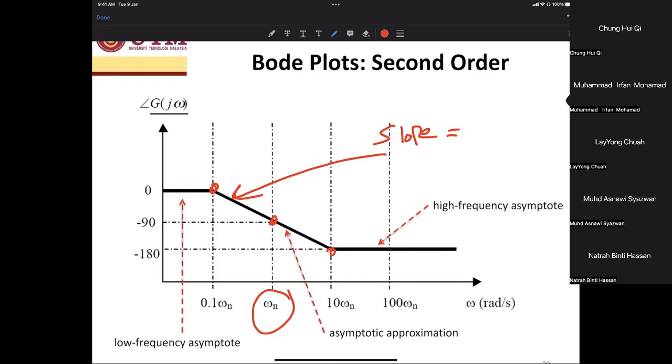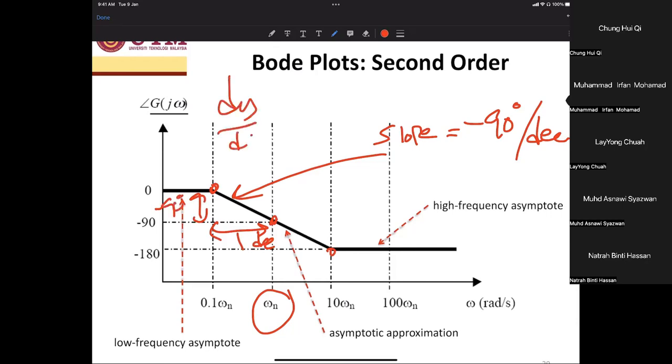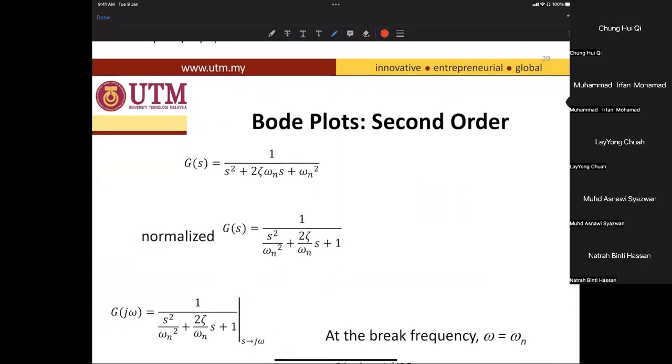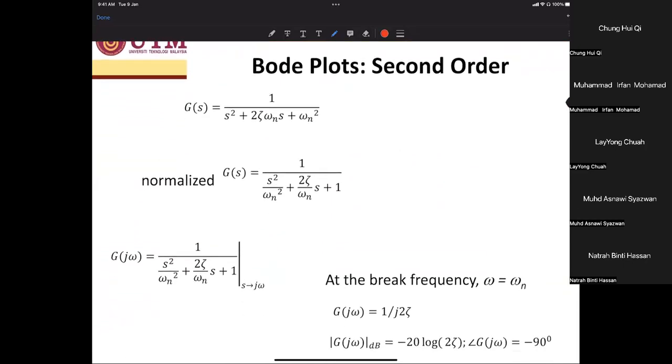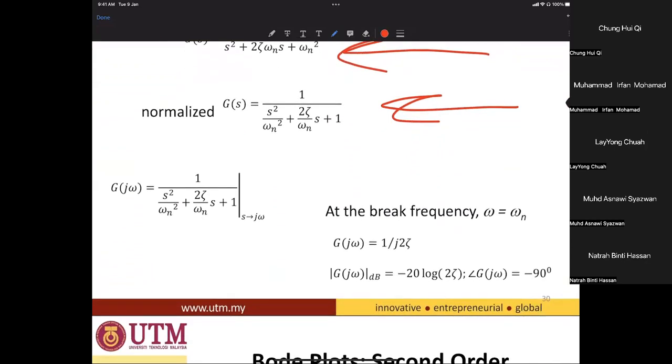Negative 90 degrees per decade. This is 1 decade. So this is the G(s) normalized, and at the break frequency we get minus 90 degrees.